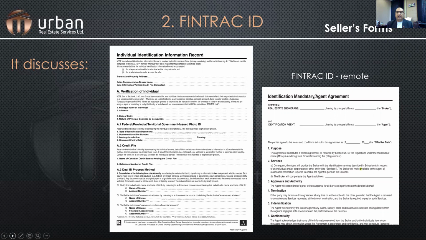Basically, your clients, wherever they are, will have to appoint a person who is going to ID them at that point. So that person and you, not your clients, but the person who has been appointed, have to agree on a form, which is this agreement form, where you, as a real estate brokerage, and the identification agent on the other side will have to agree on certain things.